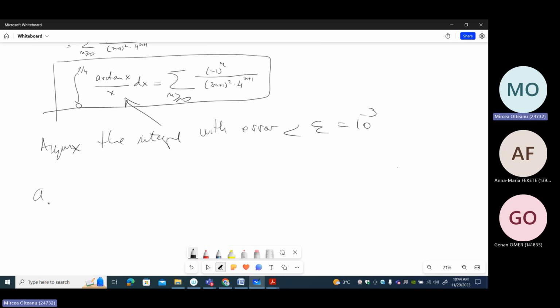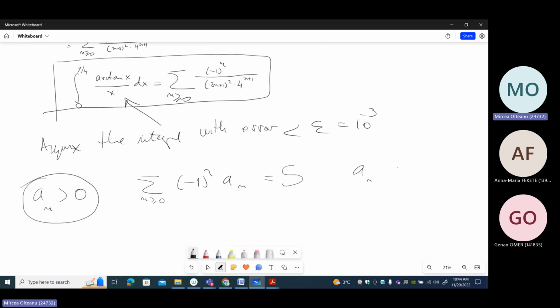An alternating series of numbers is a series of the form sum of minus 1 to the n times an, where an is a positive sequence. This is called an alternating series. And the basic result here, in order to approximate an alternating series of numbers, is the following. If we want to approximate, let's denote S the sum.